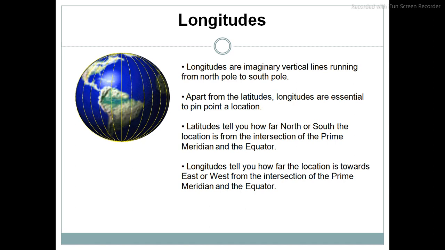Apart from latitude, longitudes are also essential to pinpoint the location of any area, right? So longitudes tell us how far east or west the location is from the prime meridian. As I told you in the previous class, the lines coming from north to south are longitudes, and the center one, which is not dotted, is the prime meridian.